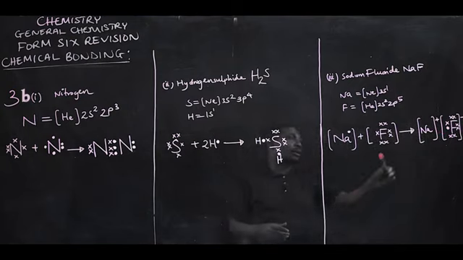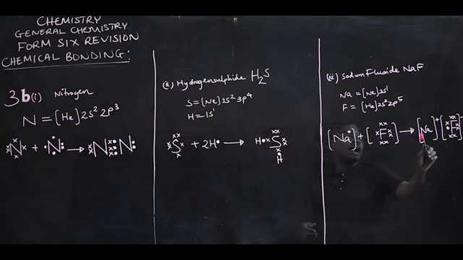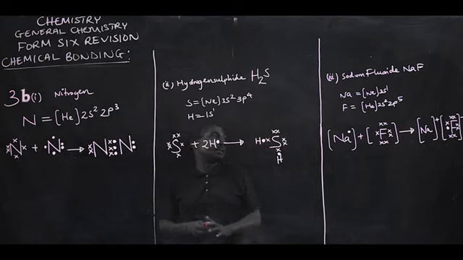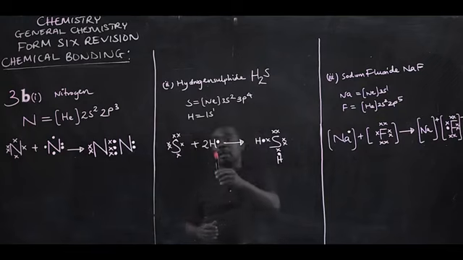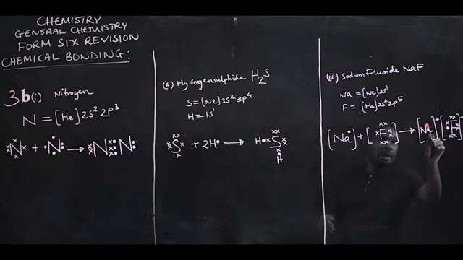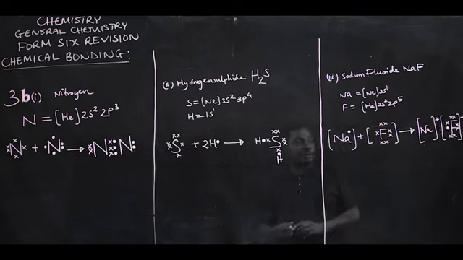For an ionic bond, the ions which interact should be enclosed using square brackets. But for a covalent bond, there is no need to enclose the atoms using square brackets. So this is the Lewis structure of the sodium fluoride ionic compound.